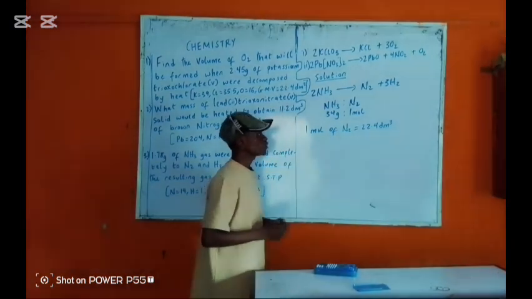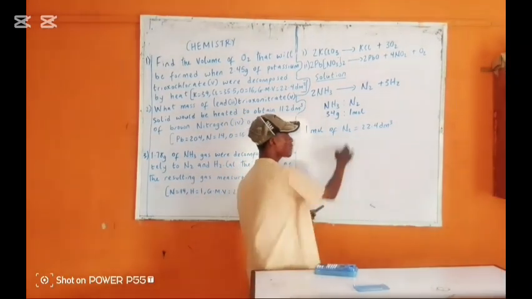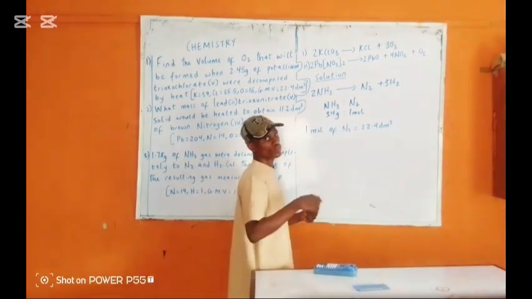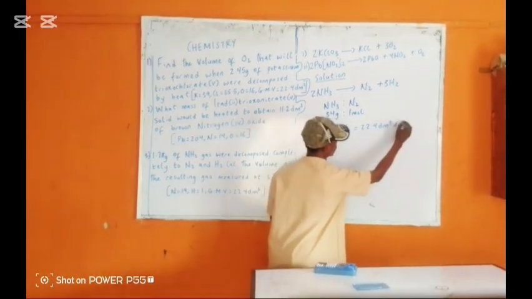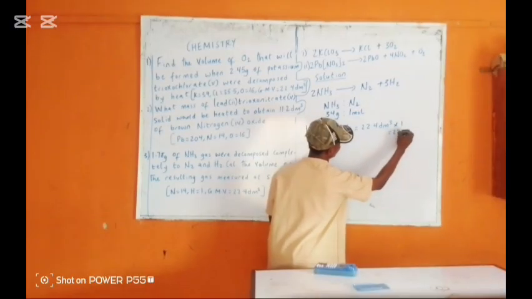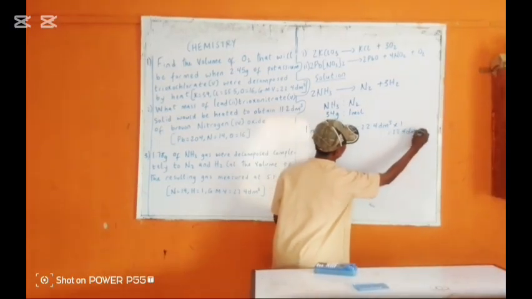How many moles do we have here? Just 1. So times 1 is still 22.4 dm cube.